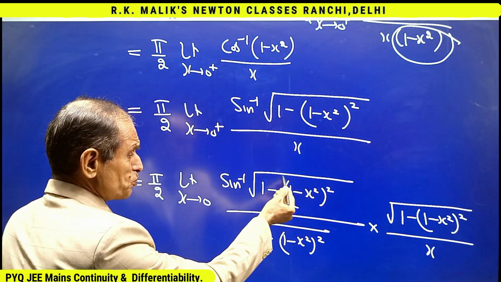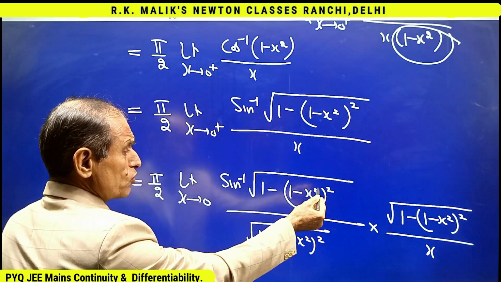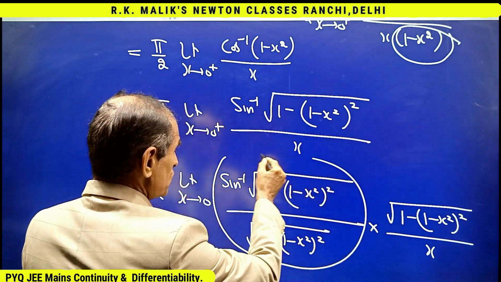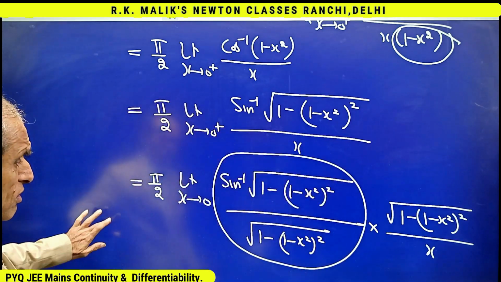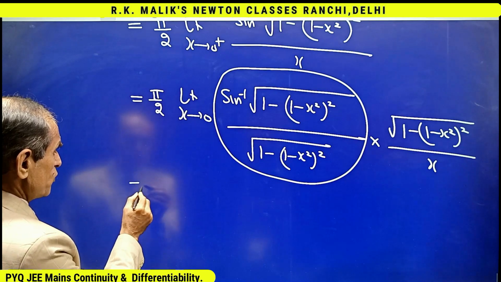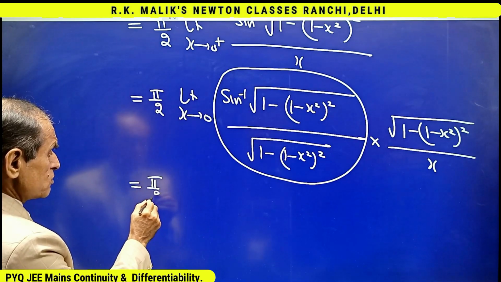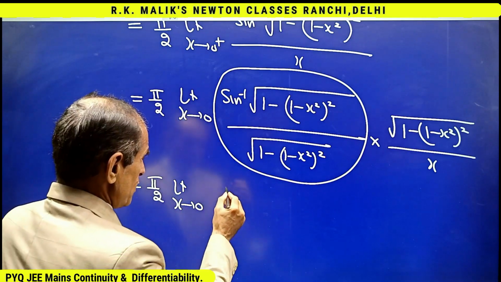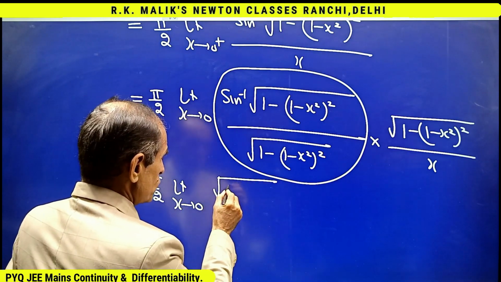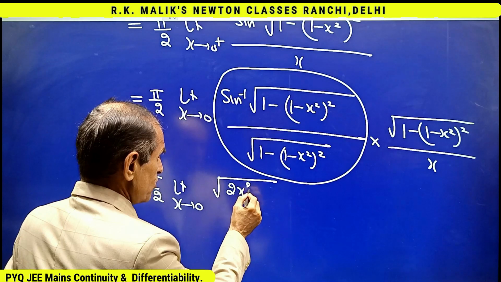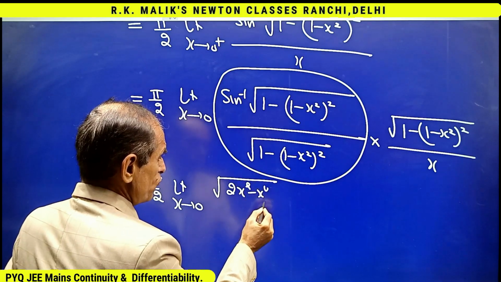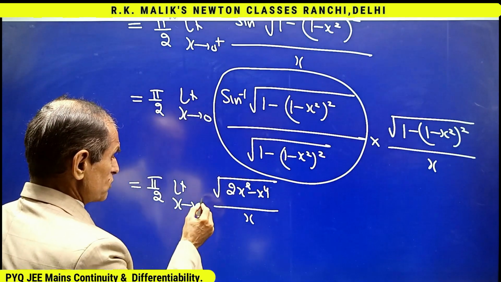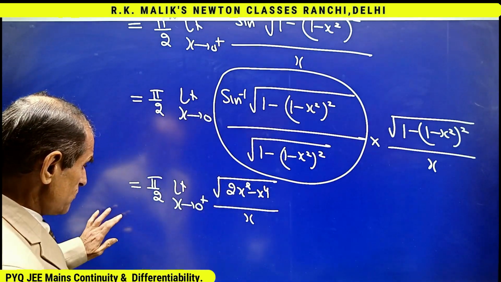Again, as this part is tending to 0 and both are same also, hence the limit of this part also becomes 1, and we get pi by 2 into limit x tends to 0, and here we get 2x square minus x to the power 4 upon x. Note that it is 0 plus.